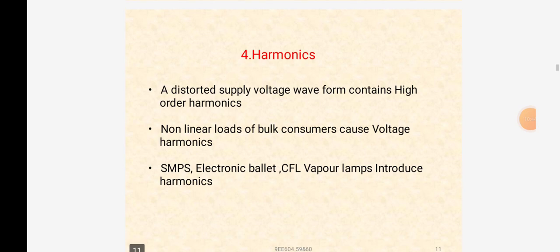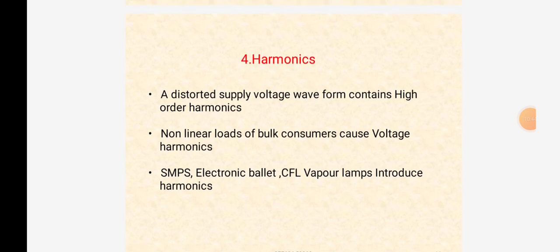Next is the harmonics. A distorted supply voltage waveform contains high order harmonics. Nonlinear loads of bulk consumers cause voltage harmonics. SMPS, electronic ballast, CFL and vapor lamps introduce harmonics.